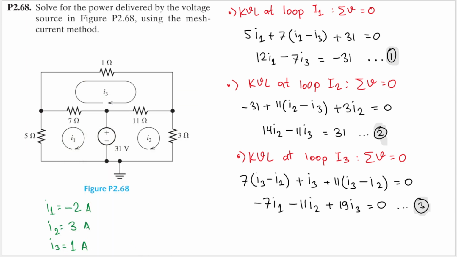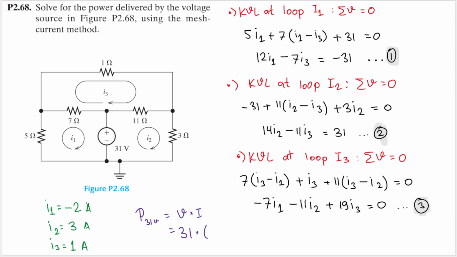However, we are not asked about I1, I2, and I3, but about the power delivered by this 31 volt voltage source. So maybe let's use another color. The power delivered by that 31 volt source is the voltage multiplied by the current. The voltage itself is 31. And the current, if we look at this, is I1 minus I2.